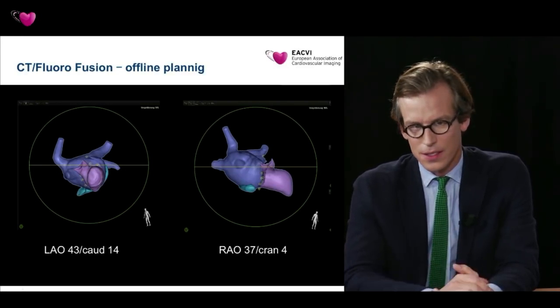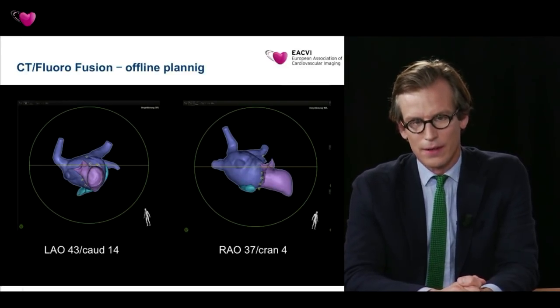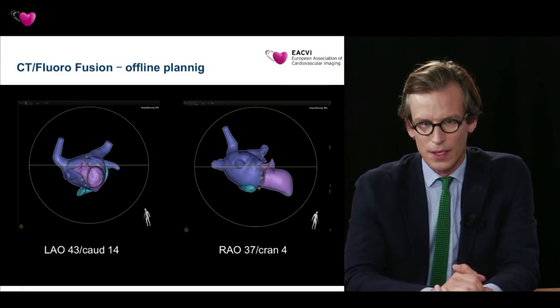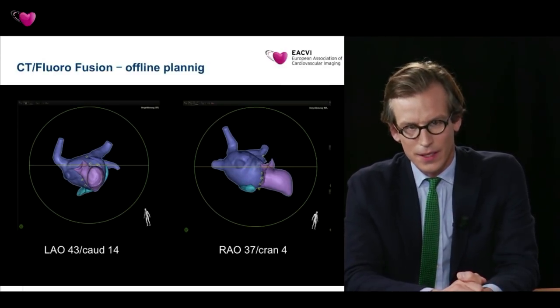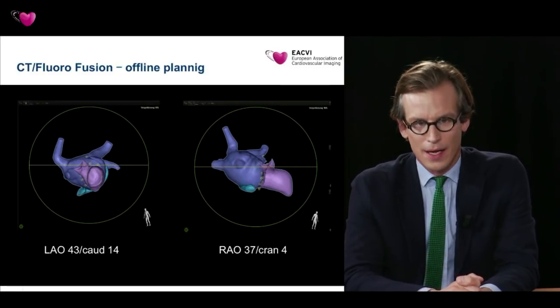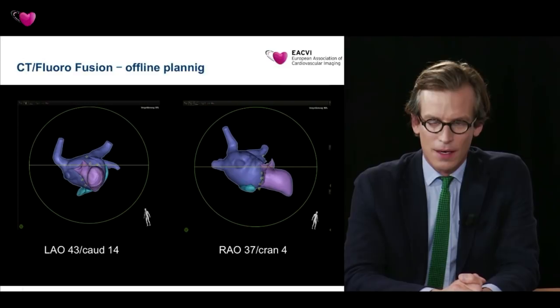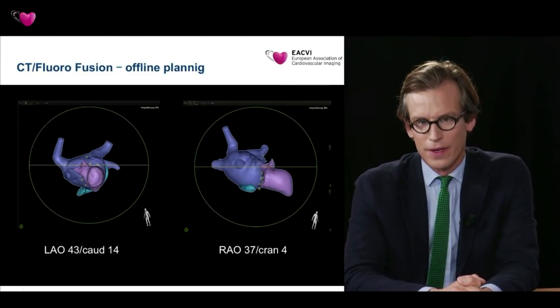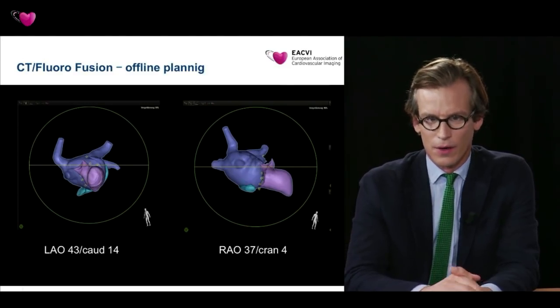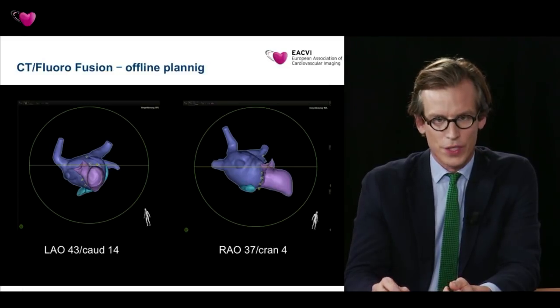You have your heart segmented, and you can rotate the heart model just in the way that you can either have the en face view, like in the single chamber view, which is LAO 43 in a chordal angulation, and you can also rotate your heart so that you have the two-chamber view and an RAO 37 projection.